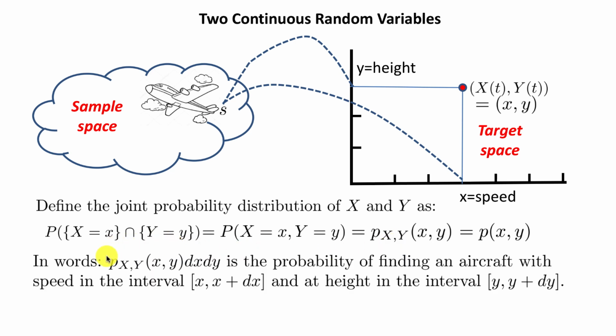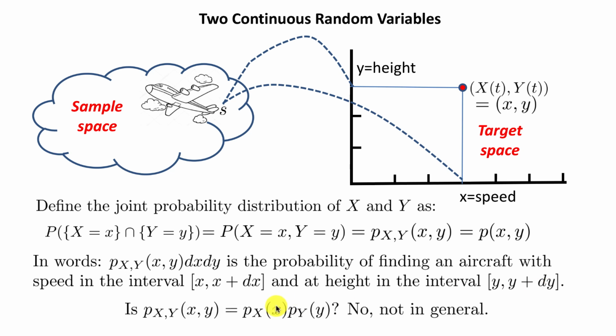In words, p(x, y) dx dy is the probability of finding an aircraft with speed in this interval, that is between x and x plus dx, and which is flying at a height in this interval, y and y plus dy. Now, in general, these two will be correlated.